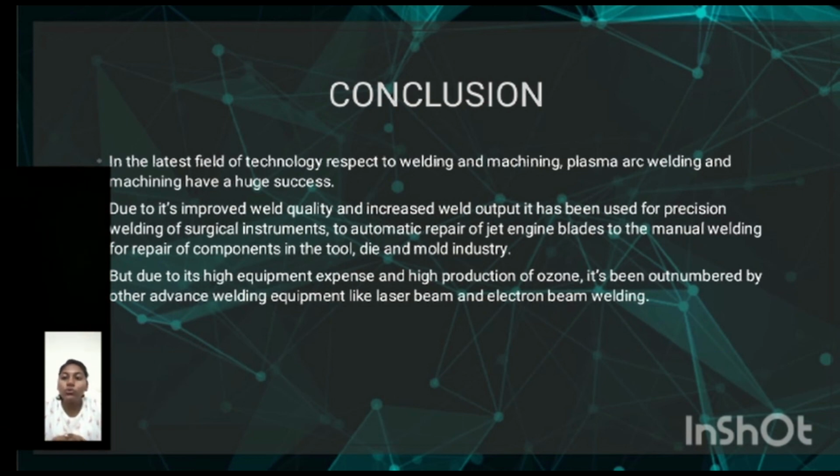Due to its improved weld quality and increased weld output, it has been used for precision welding of surgical instruments, automatic repair of jet engine blades, and manual welding for repair of components in the tool, die and mold industry. But due to its high equipment expense and high production of ozone, it has been outnumbered by other advanced welding equipment like laser beam and electron beam welding.